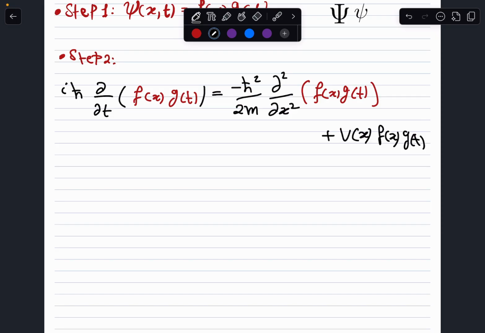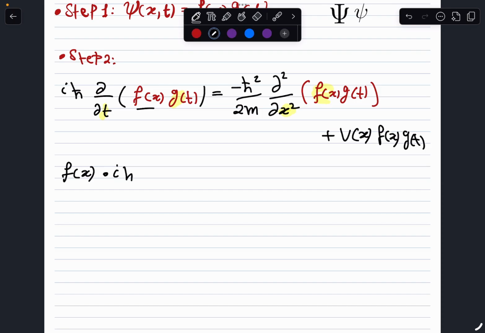Now, as we can see, it is the same idea as the example. This is a derivative with respect to t, and f is a function of x, so it will not be affected; the derivative will only affect g. Similarly, the derivative with respect to x will only affect the function f. So if we organize it, we take f of x out from the left side: f times i h bar.